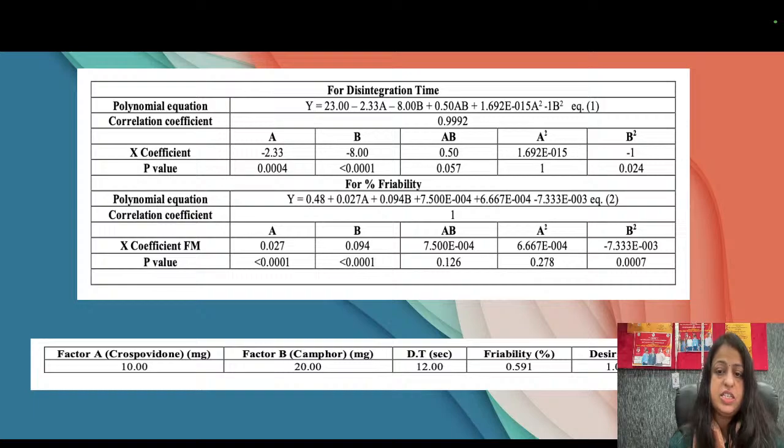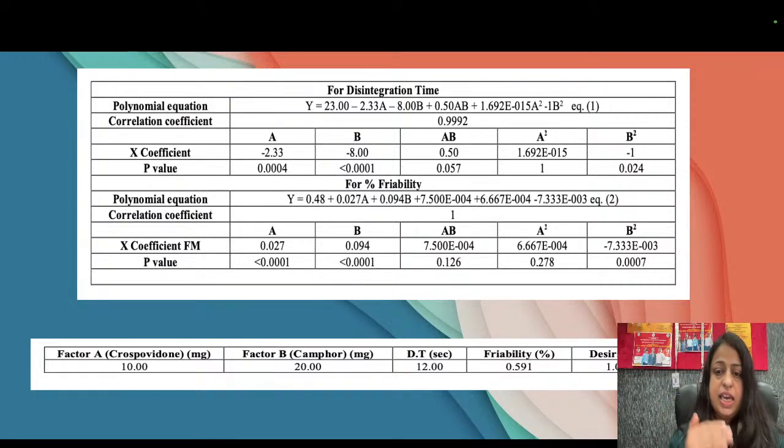If it is a batch from the 9 trials, again we will formulate it and evaluate it, compare the results, and see whether the p value is complying or not. We will see the coefficient, meaning how the results of the experimental design are complying with the statistical design or not.